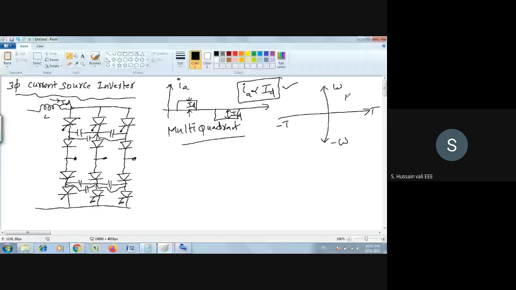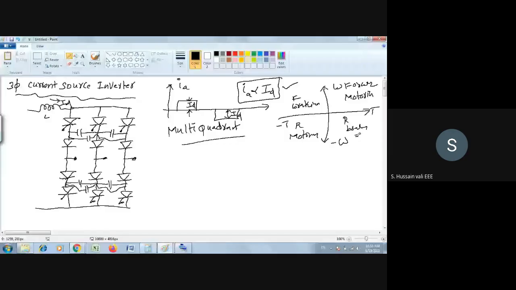This is forward motoring, this is forward braking, this is reverse motoring, and reverse braking. I hope you know what to do for braking.